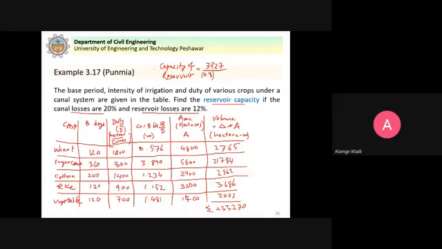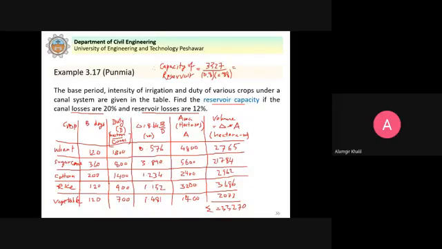And then the reservoir losses are 12%, so again we have to divide this by 0.88. By this much we have to increase.